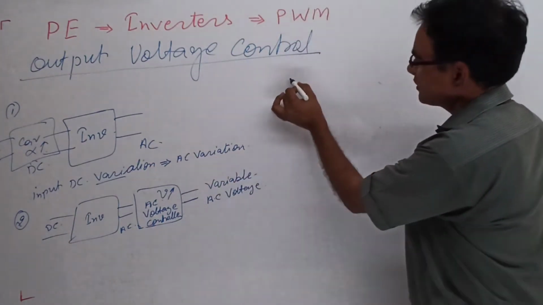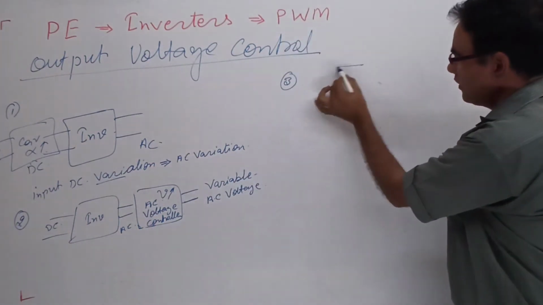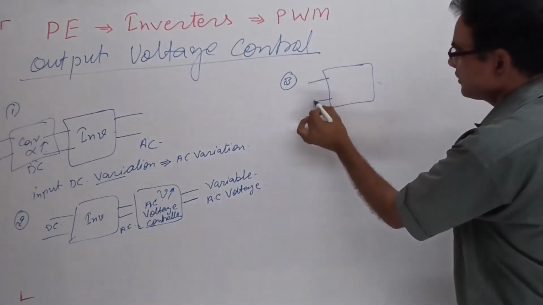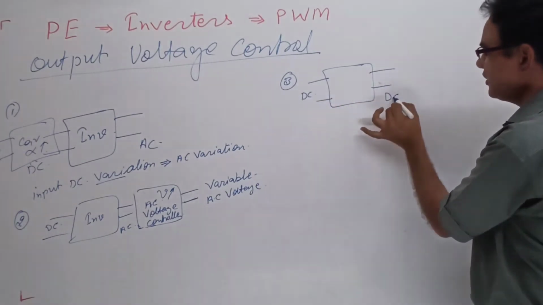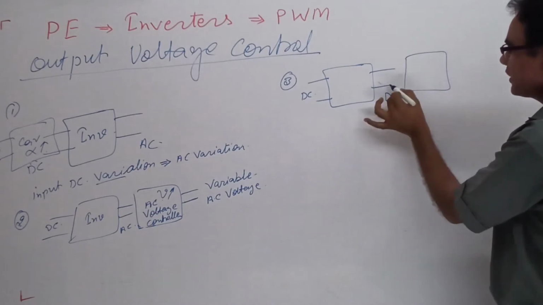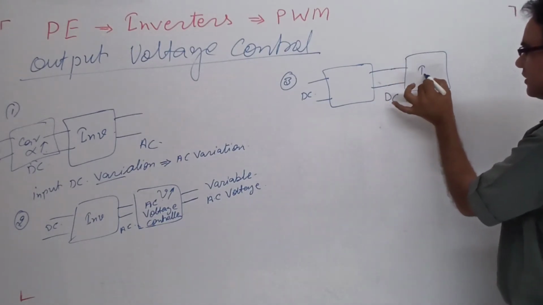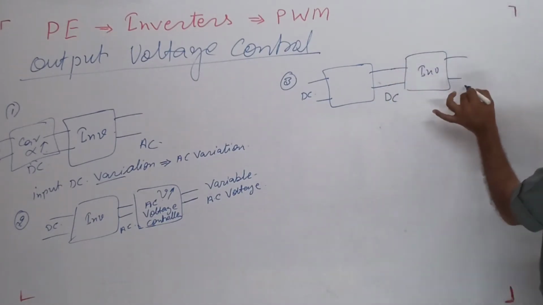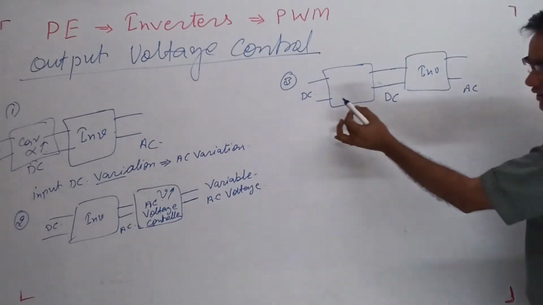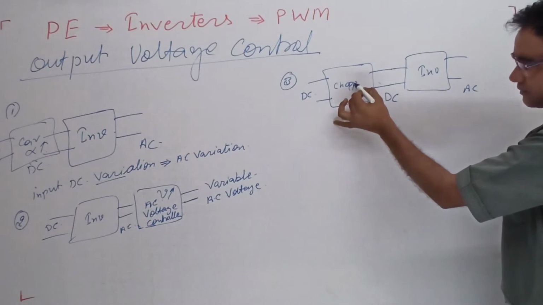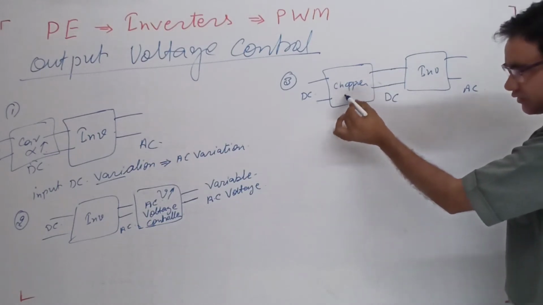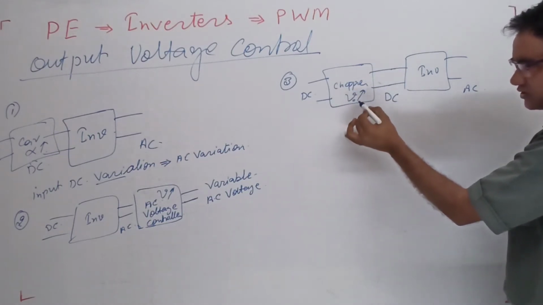Third method, here the input DC, and here also input DC, and then the inverter takes the DC and gives the AC. So here the DC to DC device, that is chopper, and that chopper varies the DC voltage.